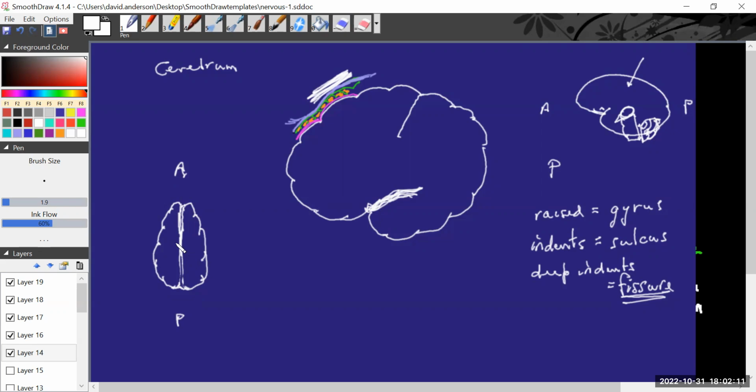This region that I kept solid is a region of fibers that cross from right to left and back again, so that the right side of the brain knows what the left side of the brain is doing. That's a connection between the two cerebral hemispheres that's called the corpus callosum.